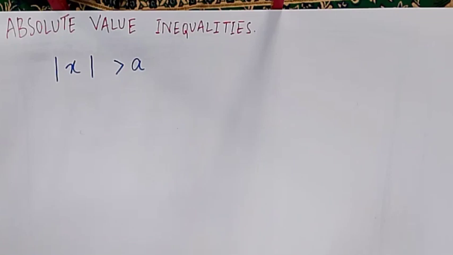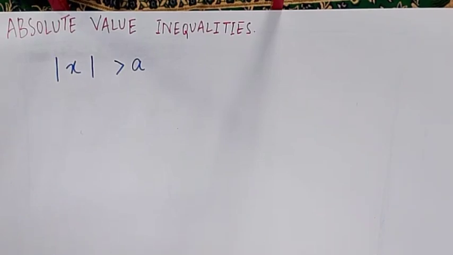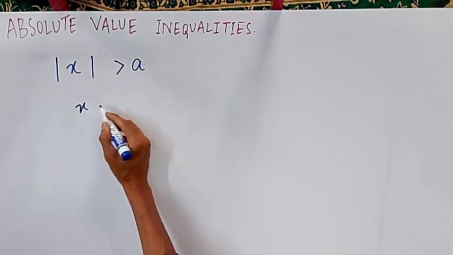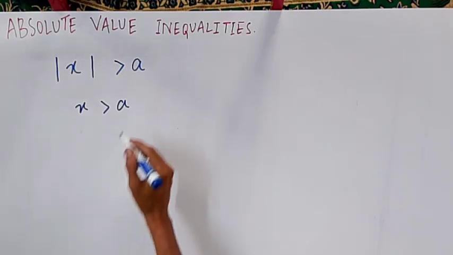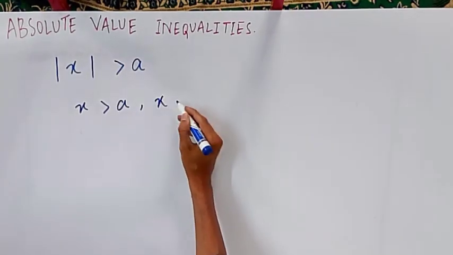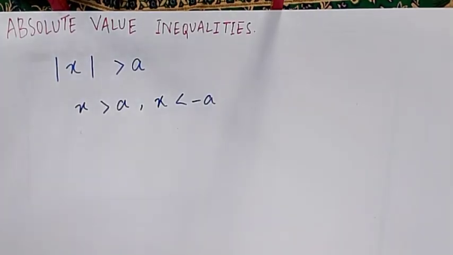Remember one thing, that when you remove this, you will open it with plus as well as minus. But here in the inequality, you will open it with the greater sign as it is with the positive number, but when you open it with negative, you will reverse the sign of the inequality.